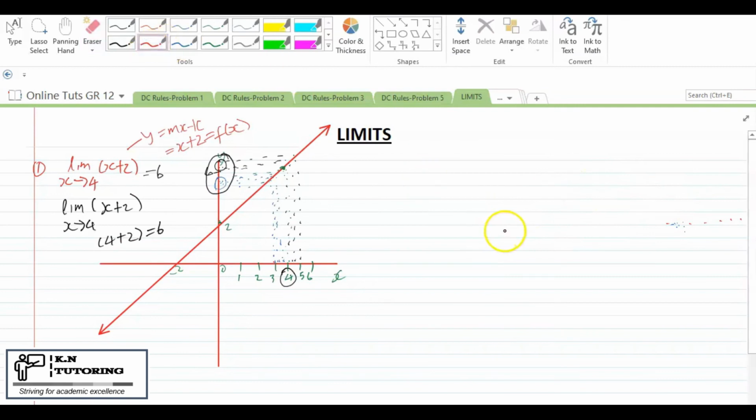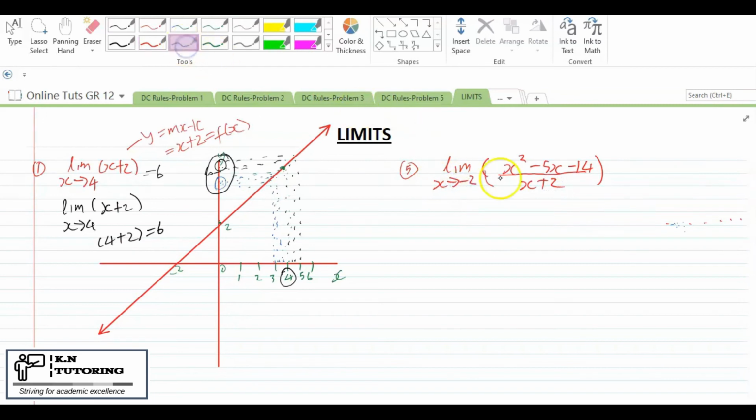Let's look at number 5, which will be the last example that I'll be doing. I've got the limit of x squared minus 5x minus 14 divided by x plus 2 as x approaches minus 2.